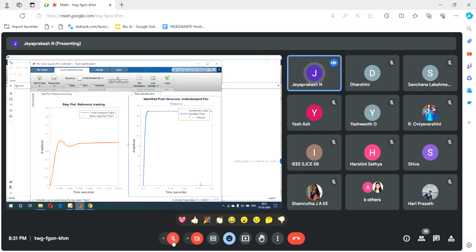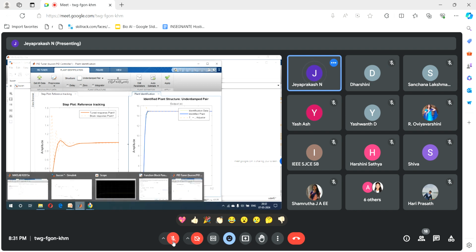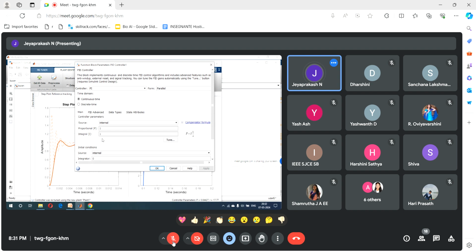Now we get the P and I values. The P value is 0.04427, whereas initially we took 1. The I value is 17.77.